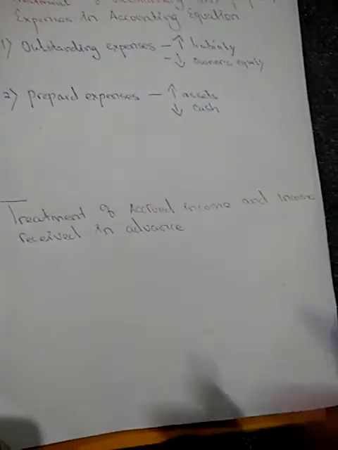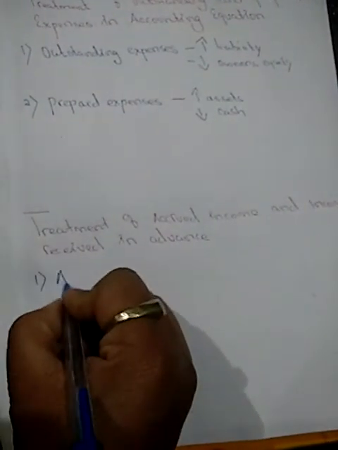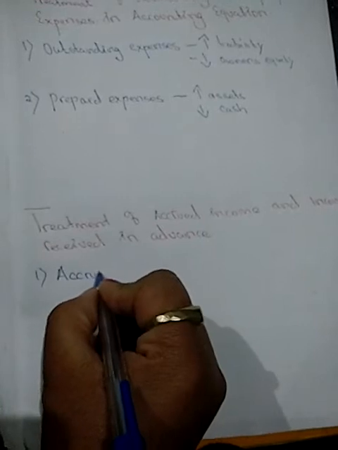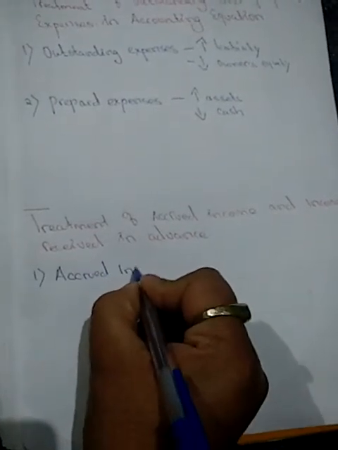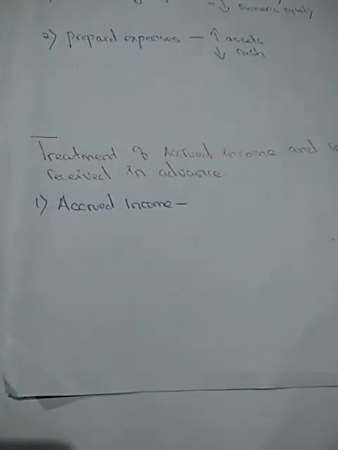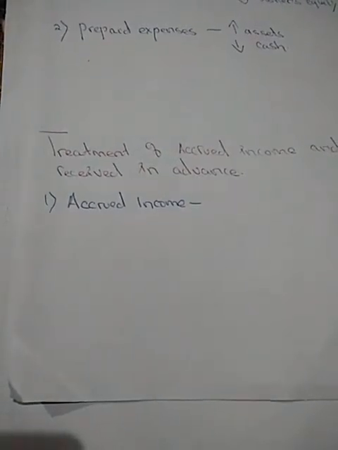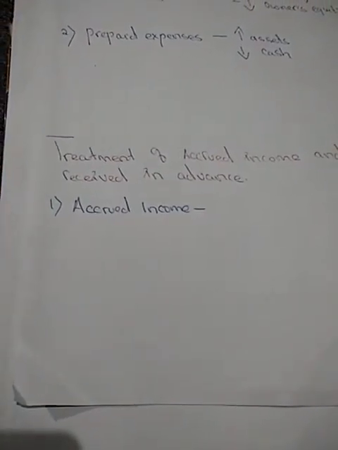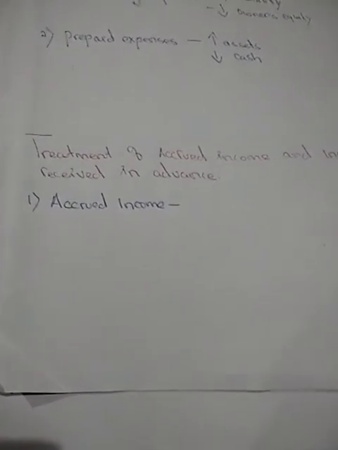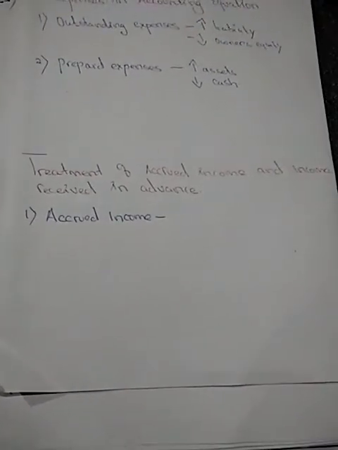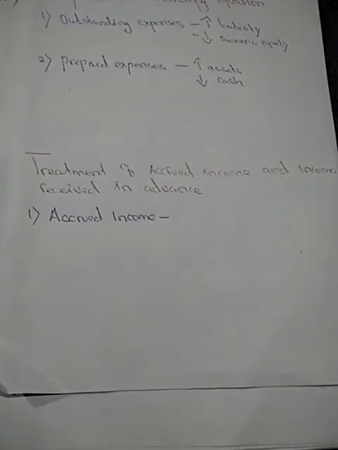Now what is accrued income? So here, accrued income is income which has been earned but not yet received. You know that for sure you have earned that income but not yet received.